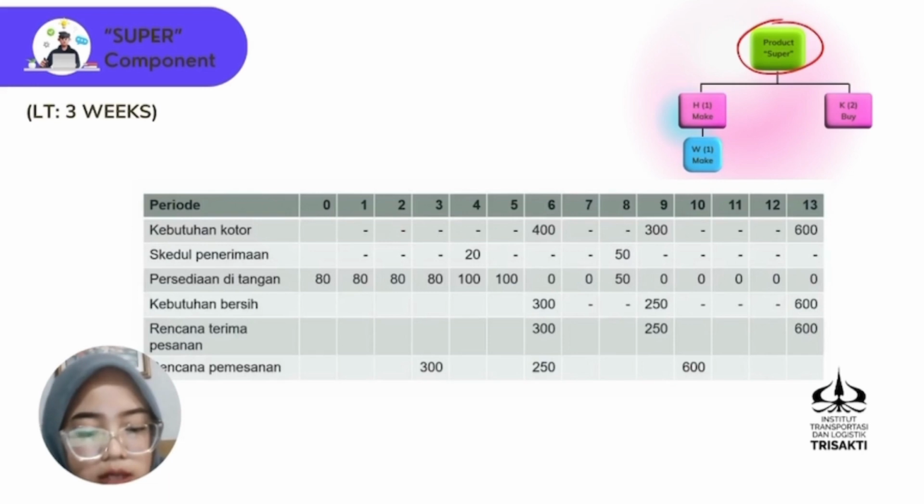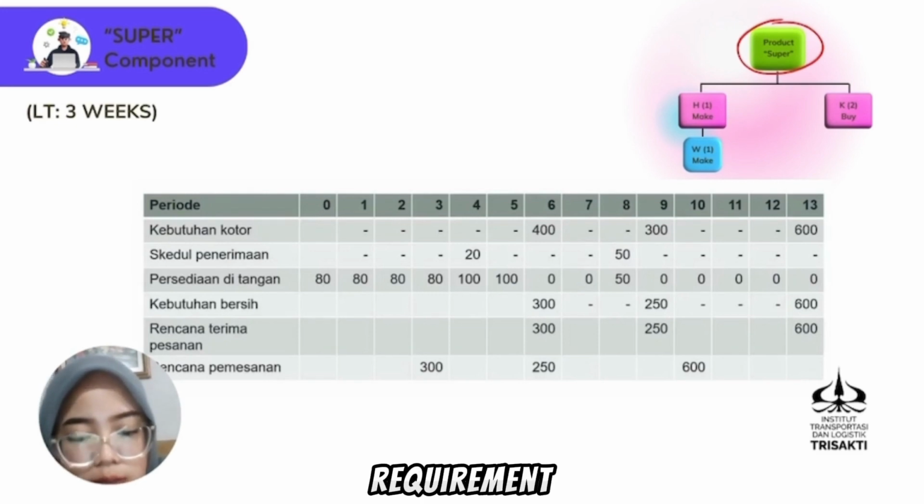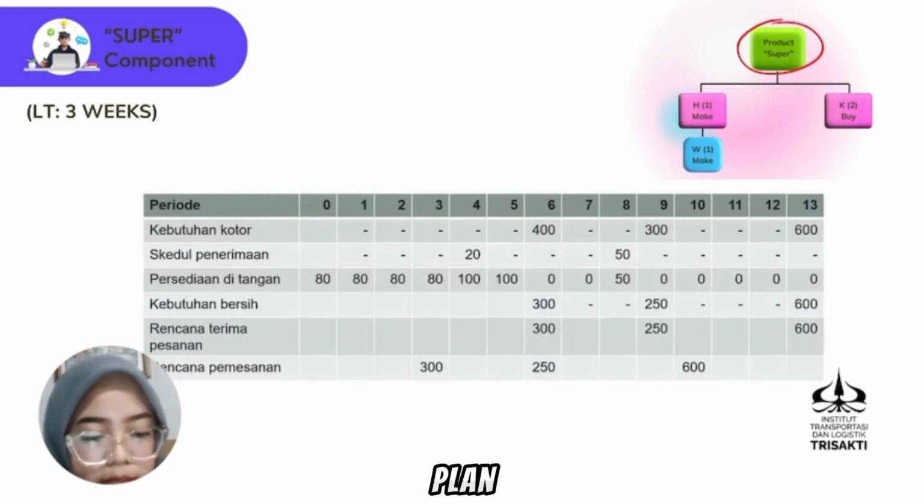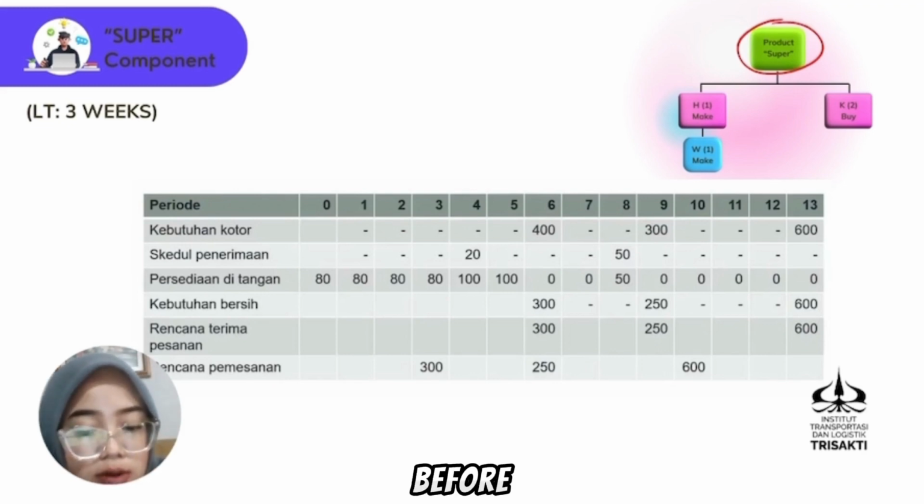Then the remaining 250 goes to the net requirement and order receipt plan. In the order plan section, the order is placed 3 weeks before week 9. So 250 is also written in week 6.